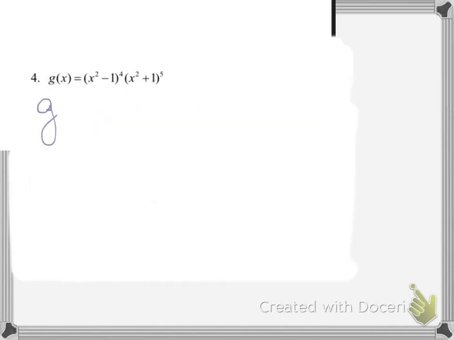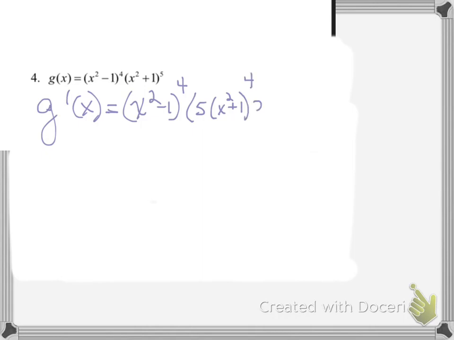Okay, here's 4. G prime of x equals, so left we have x squared minus 1 to the 4th power, d right, so that's going to be 5 times x squared plus 1. Don't forget your power, and now don't forget your chain rule.